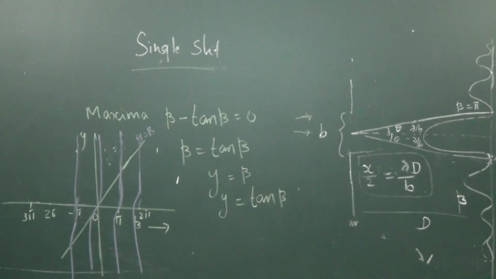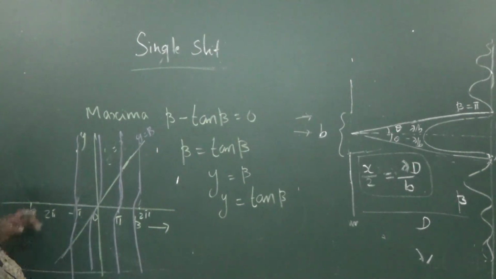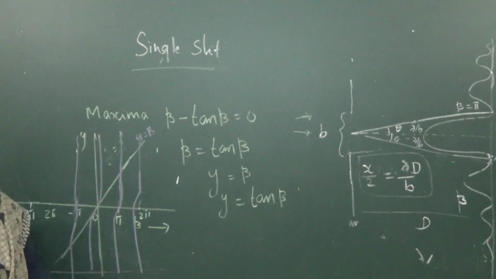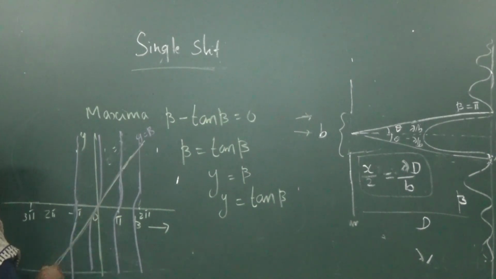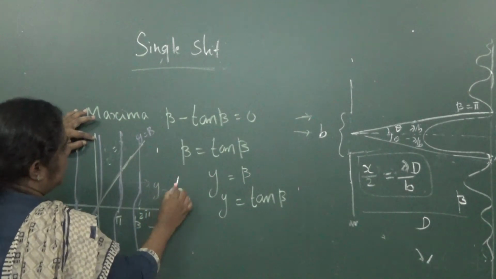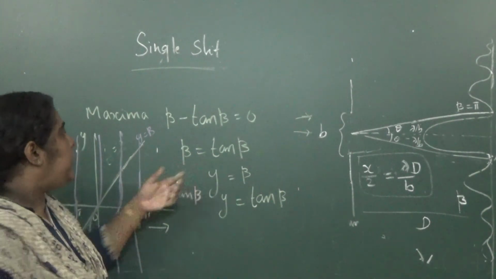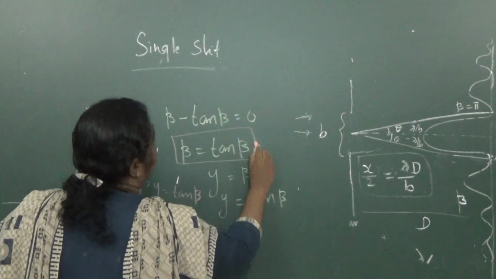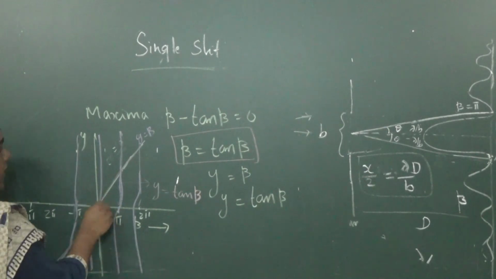In this graph, the line shown is y is equal to beta. This line shows y is equal to beta. And this graph shows y is equal to tan beta. Our condition for maxima is what? Beta is equal to tan beta, with the points that satisfy it, which we have already seen.